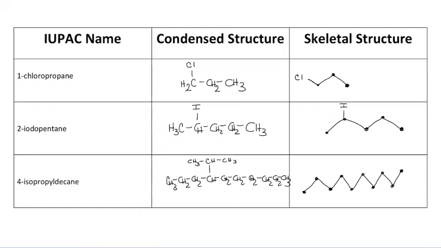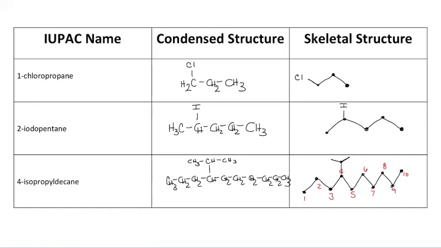So here, since this is carbon 1, carbon 2, 3, 4, 5, 6, 7, 8, 9, 10. On carbon 4, how we illustrate an isopropyl is that here's a dot, there's a line, there's a line.